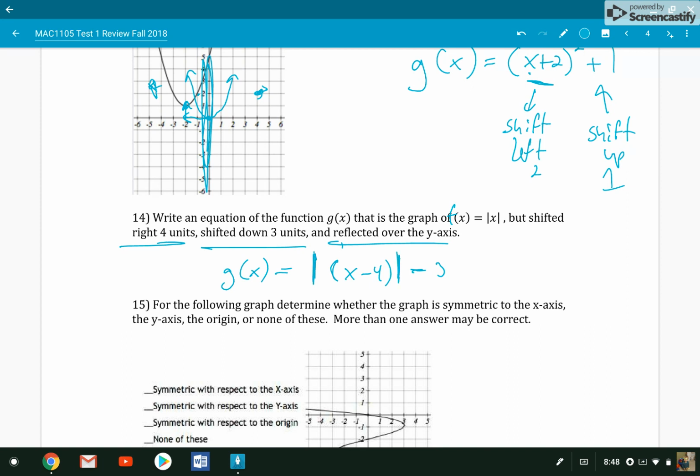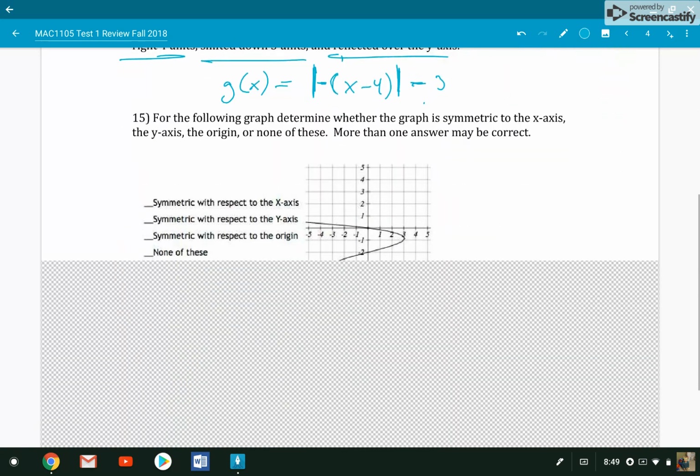I'm just going to throw a negative inside that function of the absolute value, so it's with those parentheses there. So the negative inside the absolute value inside the function is going to not shift it, but reflect it from left to right or right to left. The minus 4 within the parentheses inside the function is going to shift it right. And then the minus 3 on the end is going to shift it down.